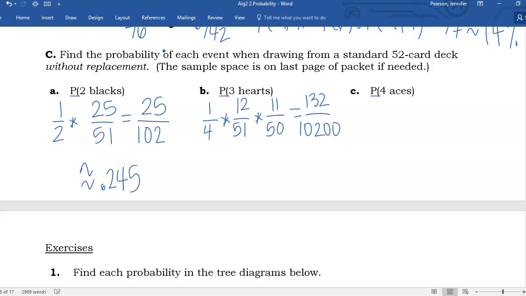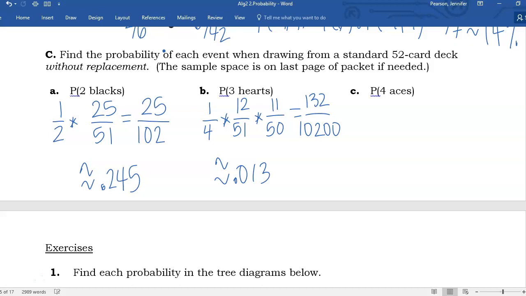If we wanted to get that as a decimal percent, that is approximately 0.013. We'll round it there. So it's about a 1.3% chance.